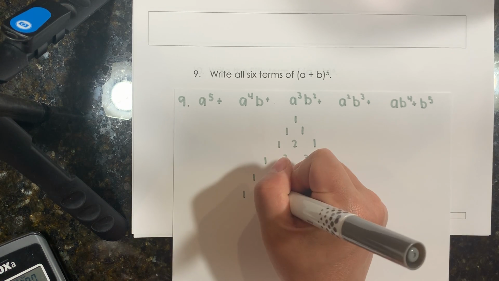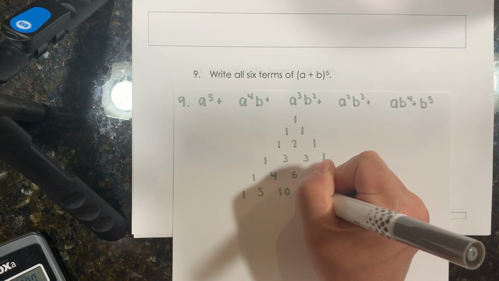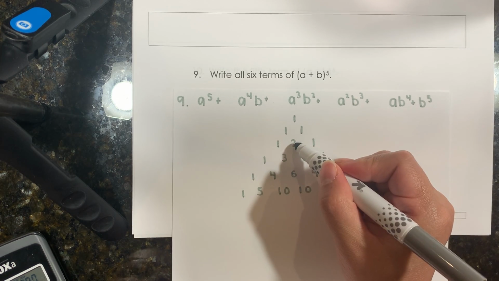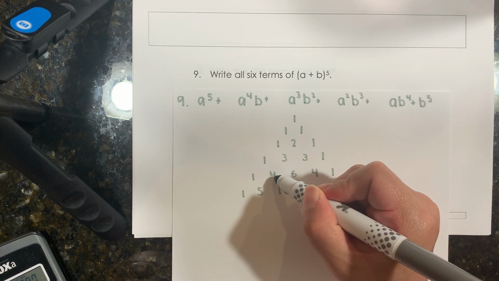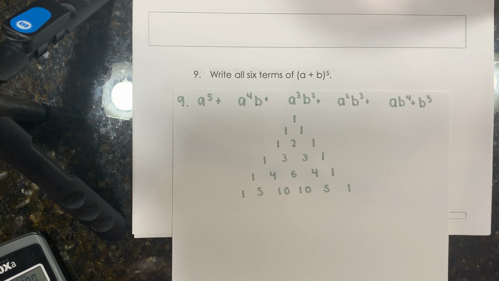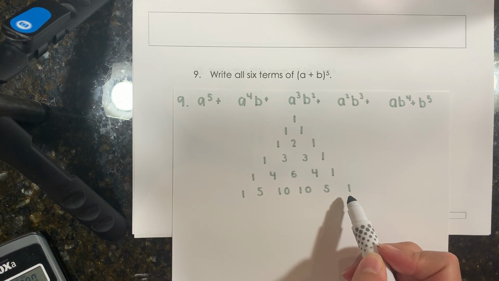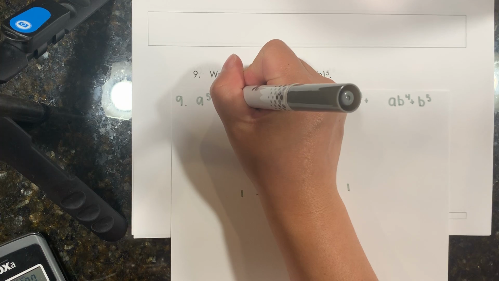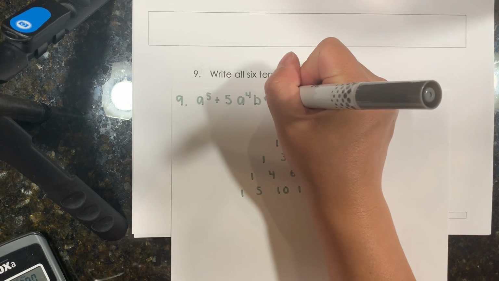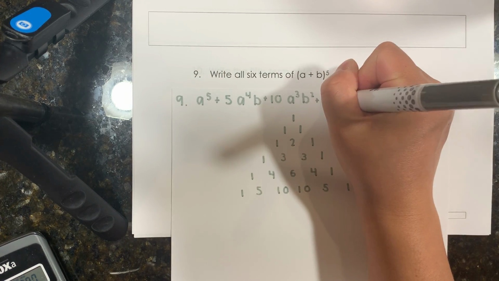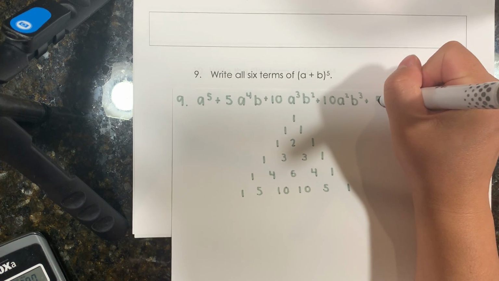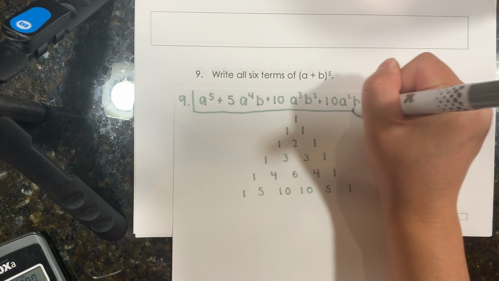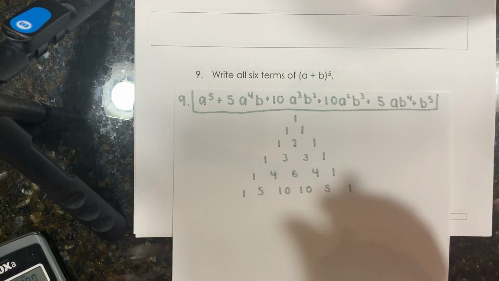Next one would be 1, 5, 10, 10, 5, 1. So this is the power of 2, power of 3, power of 4, and then power of 5, which is the one we want. So these here are your coefficients. Coefficient of A to the fifth would be 1, then 5, then 10, then 10, then 5, then 1. And this whole thing right here would be your answer.